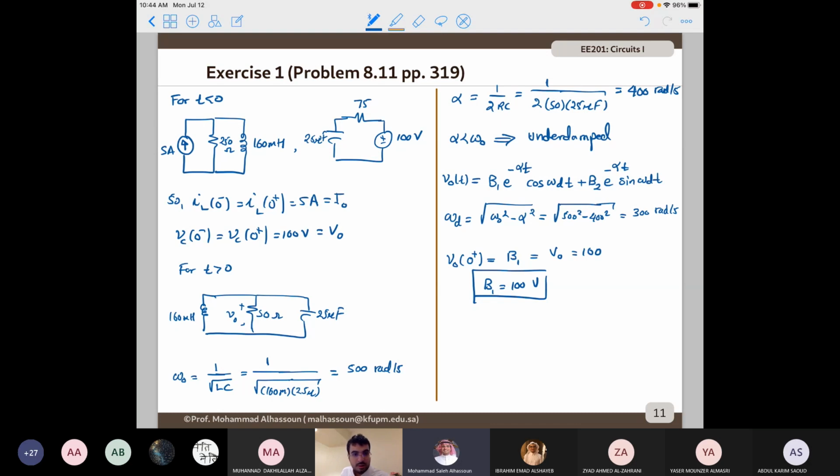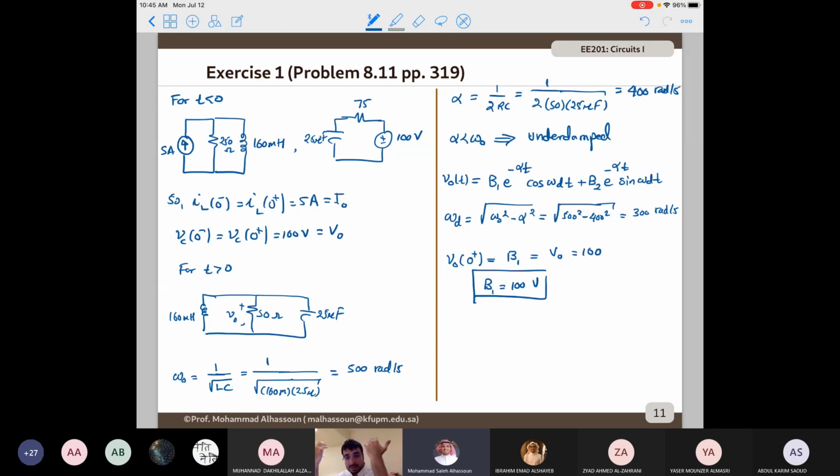Mohammed, question? Okay. So now what is B2? Here's the thing, Shabab. If you want to find the coefficients for an initial value problem, you need to create some sort of independent solutions.